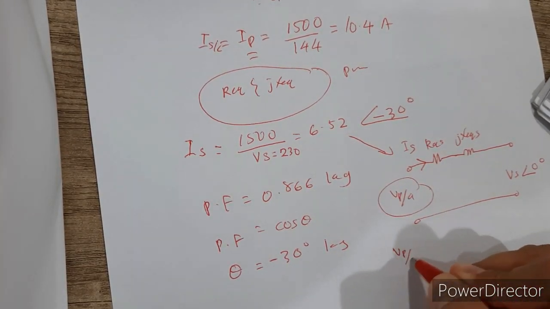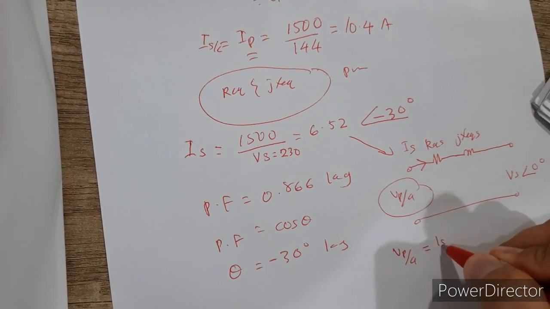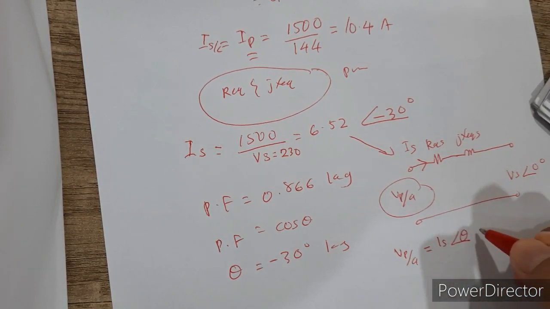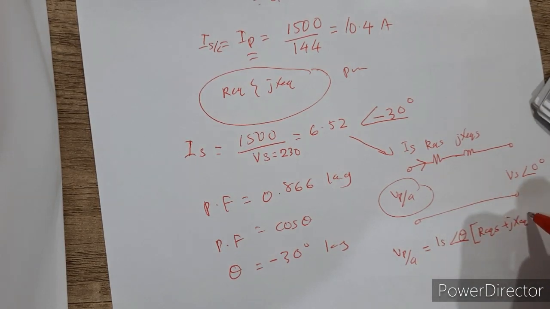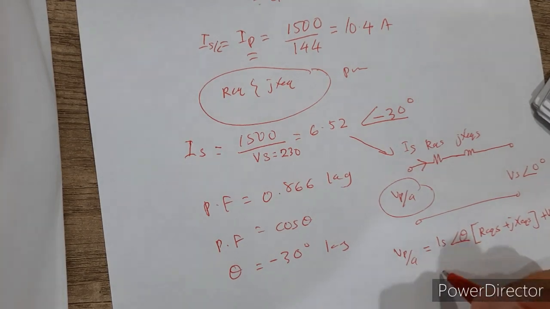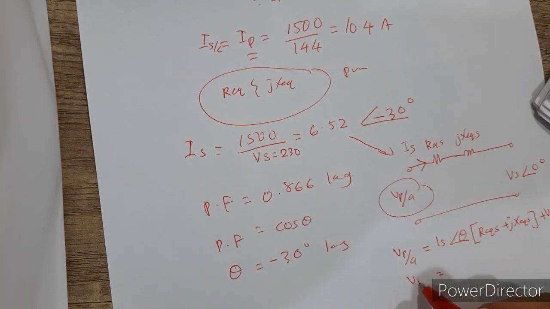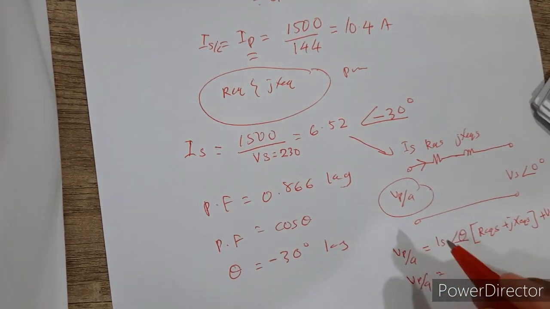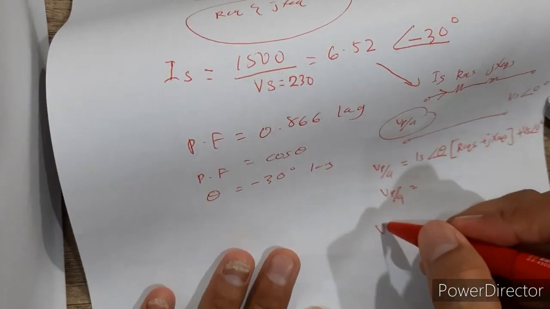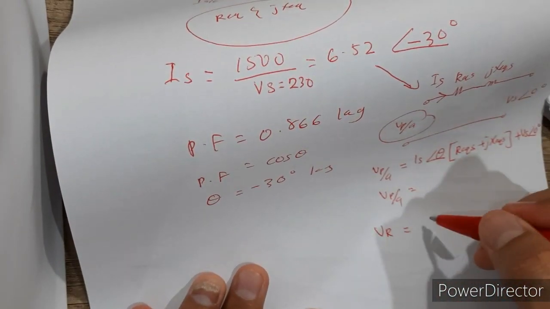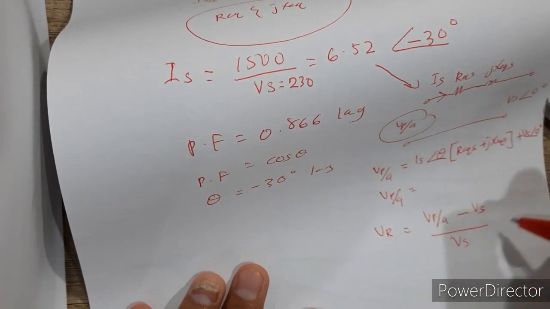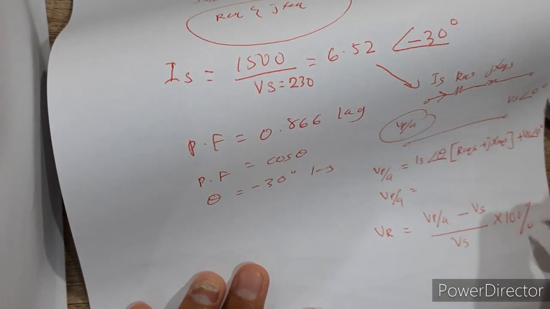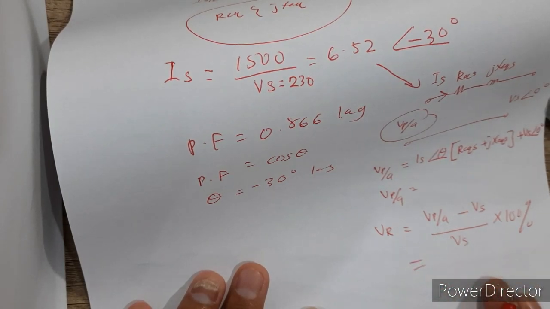So VP over a equals IS angle theta multiplied by R equivalent S plus jX equivalent S, plus VS angle of 0 degree. So you get the answer for VP over a. So voltage regulation, VR equals VP over a minus VS, divided by VS, multiplied by 100%. So you get the voltage regulation.